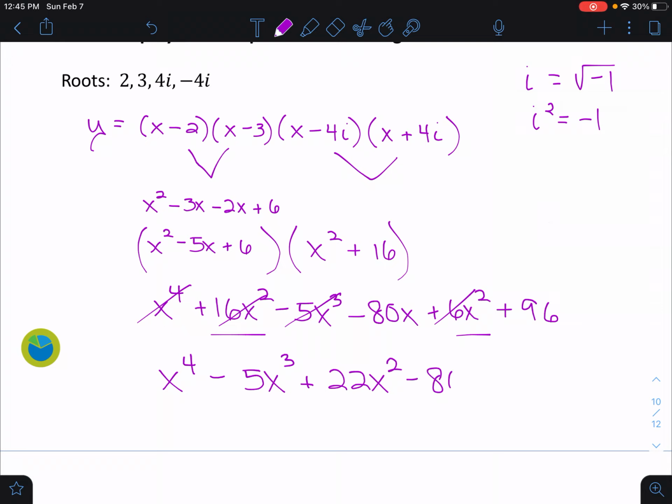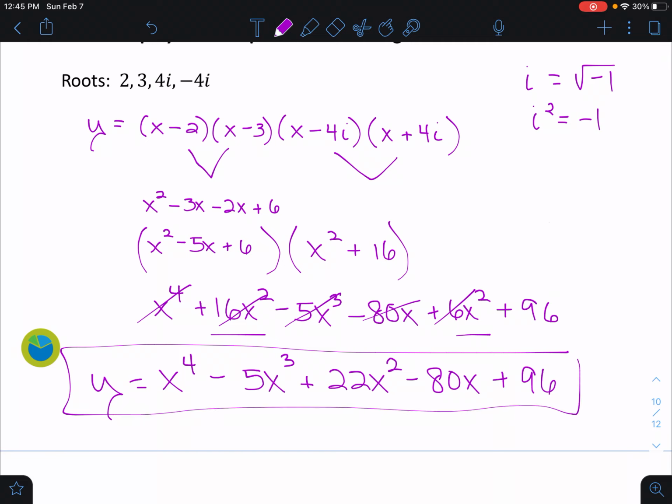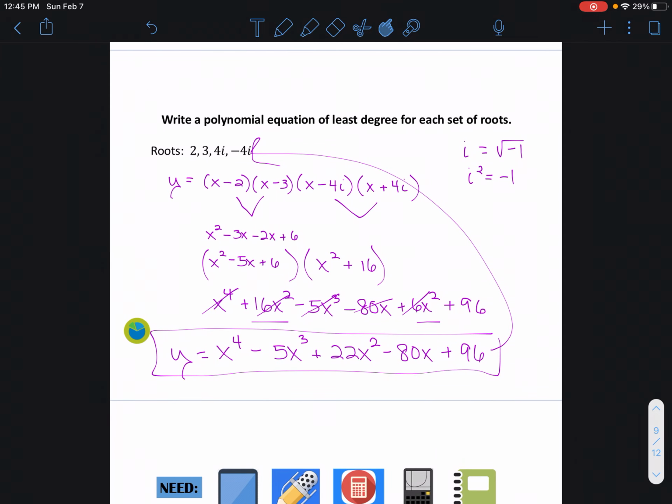Minus 80x plus 96. Okay, now I'm just going to say this is y equals. This is the polynomial that will give me these 4 roots. Okay, those are the solutions to that polynomial. But this is my answer in the box there. Okay? All right, I hope that makes some sense.